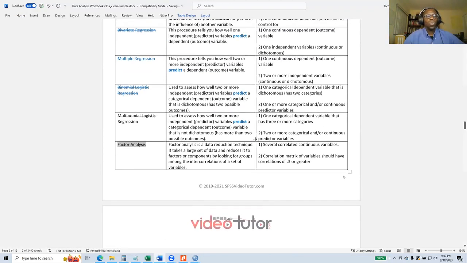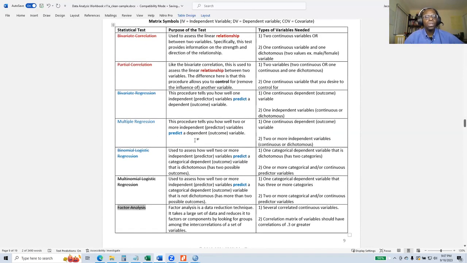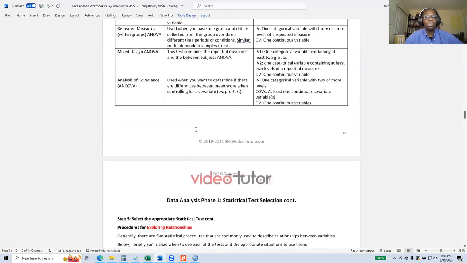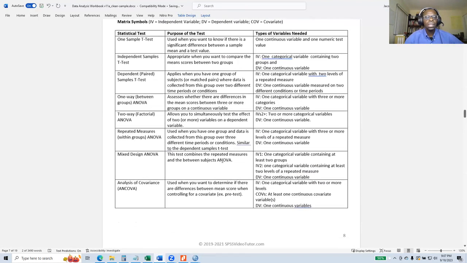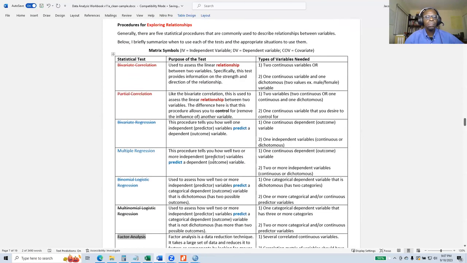Now, what's left? Multiple regression. This procedure tells you how well two or more independent variables, right? We've got two right here, two continuous independent or predictor variables, predict a dependent outcome variable that is continuous.